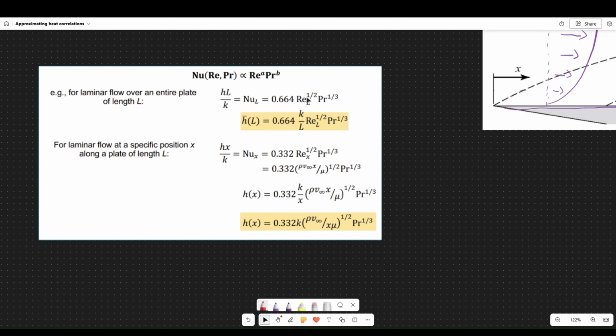So if it was a pipe, these exponents would change, and they're not particularly nice looking. These are okay, a half and a third, but sometimes it can be 1/12 and other not-nice numbers. And so it's really important to figure out what the correlation is in order to figure out what the Nusselt number is.